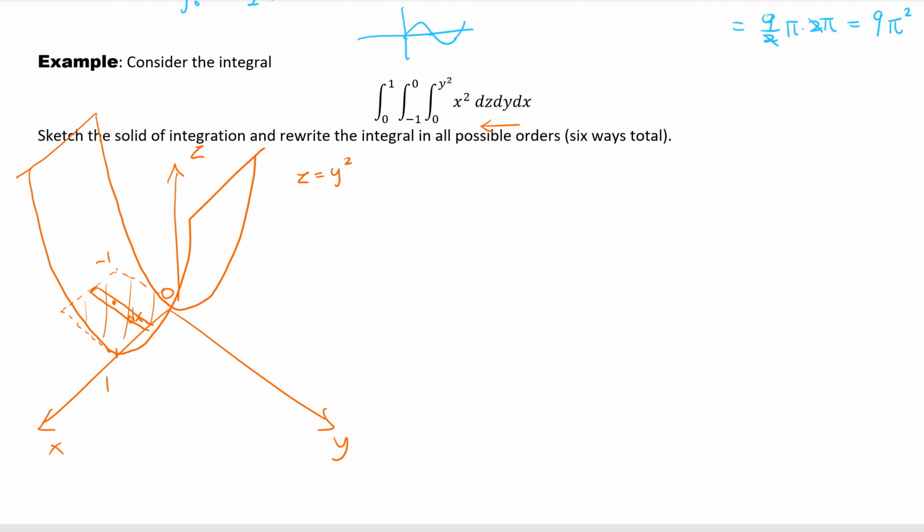So my z is from 0 to, this is z equals y squared. And what is the solid?